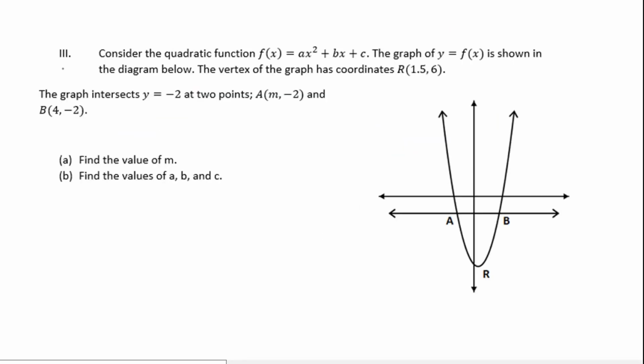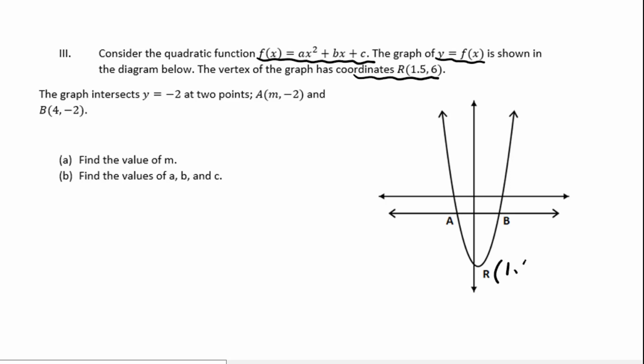Let's go to number 3 for question 3. Consider the quadratic function f of x equals ax squared plus bx plus c. The graph for y equals f of x is shown in the diagram below. The vertex of the graph has coordinate 1.5, 6.